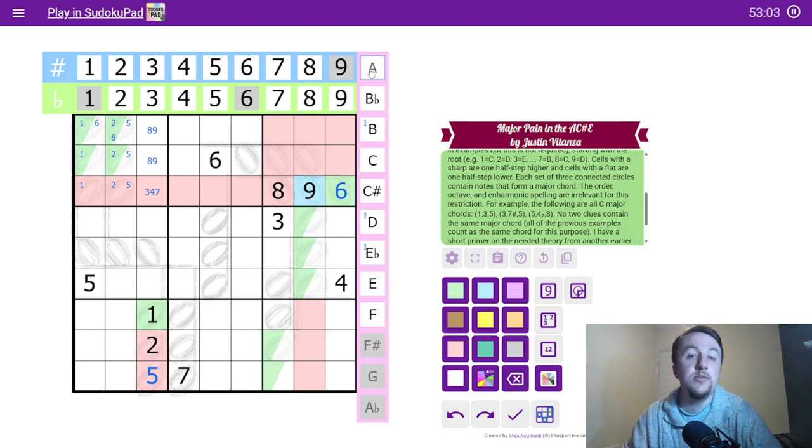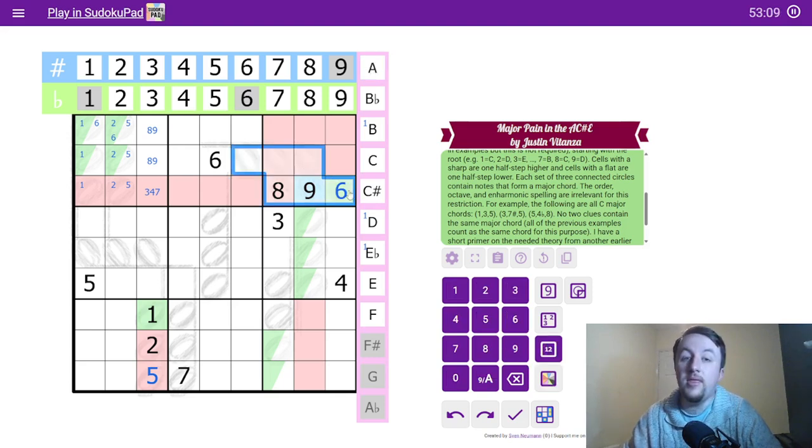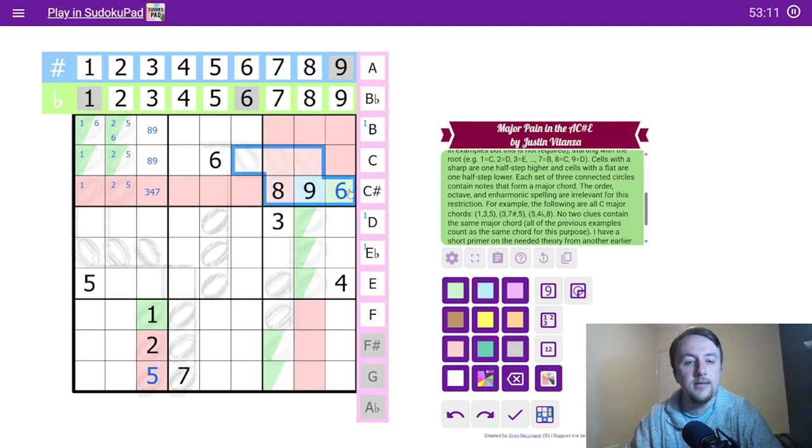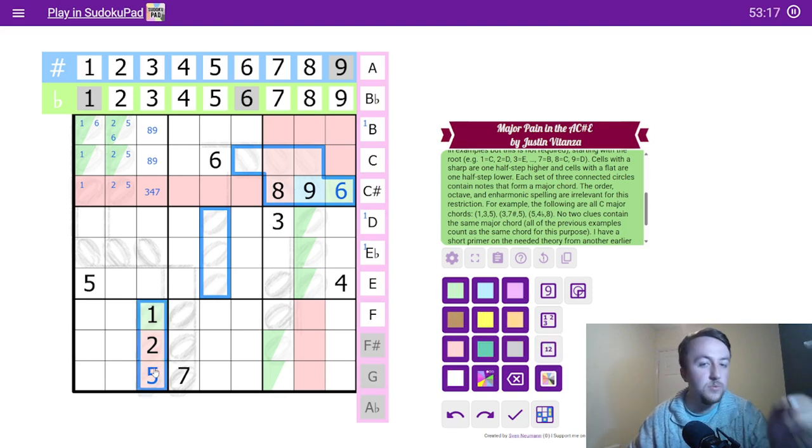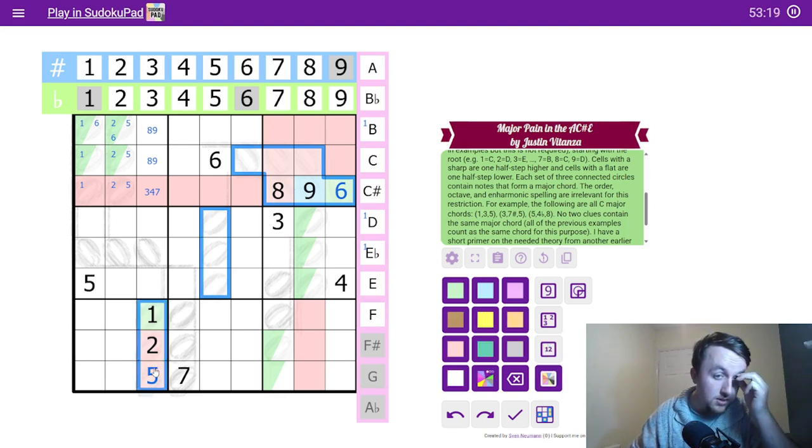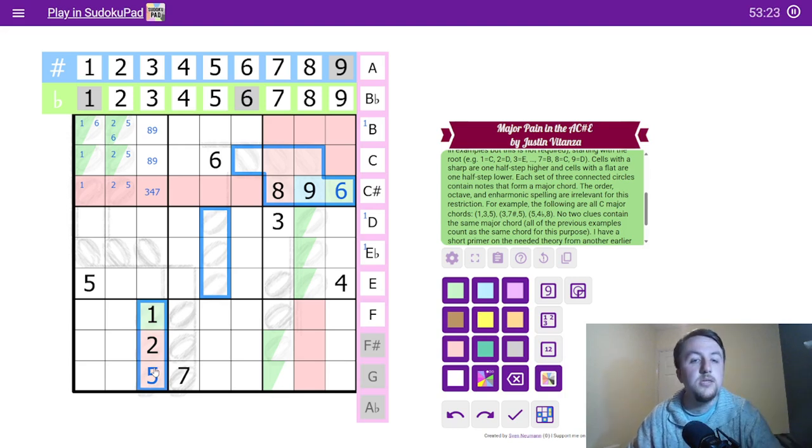To get an A natural, we just need a natural 6. And we can't have a natural 6 there, or there, because we had a flat 6 instead, or here, or here, obviously, because we've already taken that chord. So we must have natural 6s in 3.